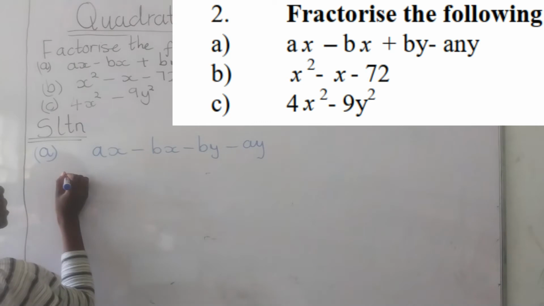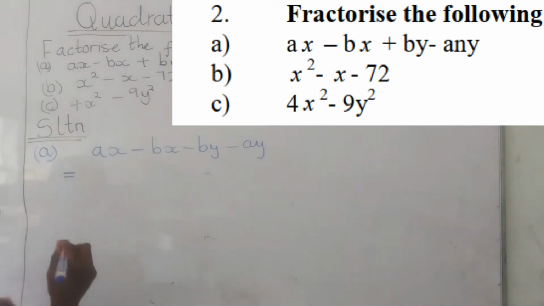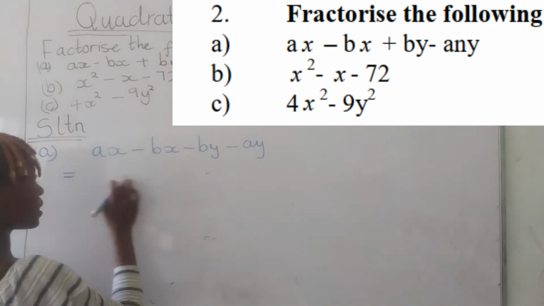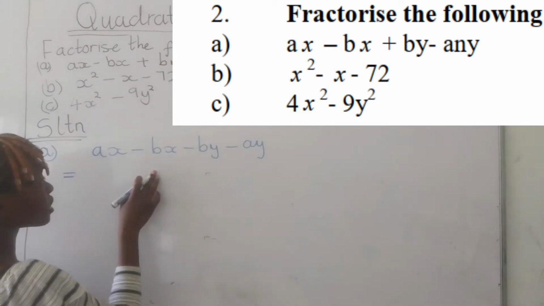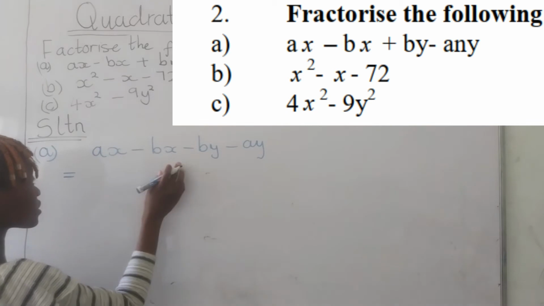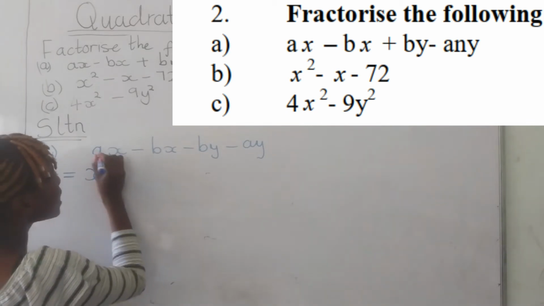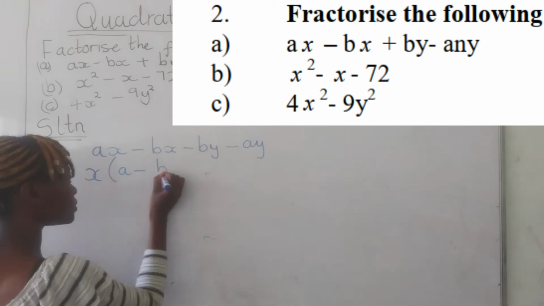So we take like terms together, right? For this part, we take out the common factor. The common factor for the first part is x. We say x outside bracket a minus b.